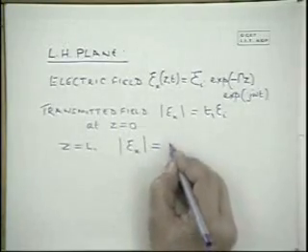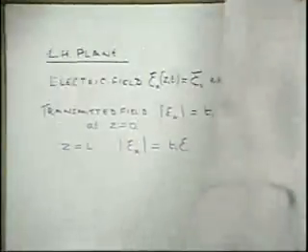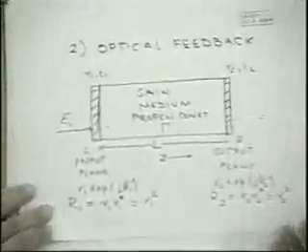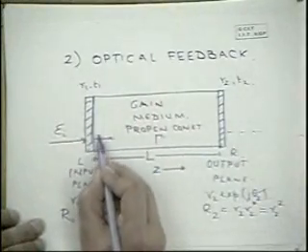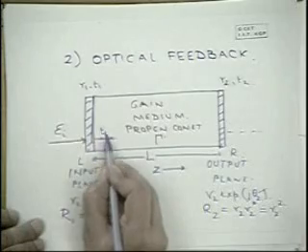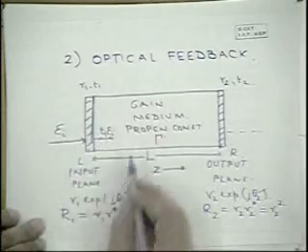This is EI over here, and this is T1 into EI, because only the T1 portion is transmitted through the mirror.